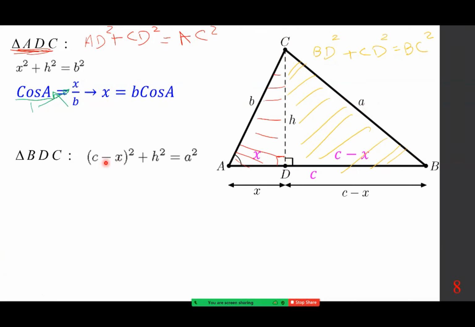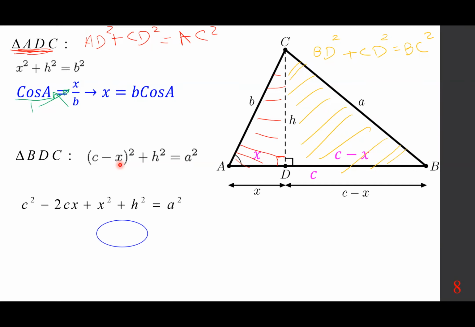Now we can square this into c squared minus 2cx plus x squared, and we write the rest of them. Well, we've already done some calculations. Let's put them together. X squared and h squared, we can replace with b squared.